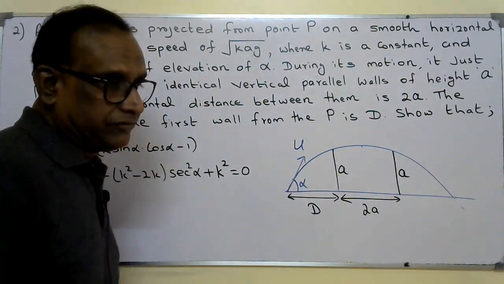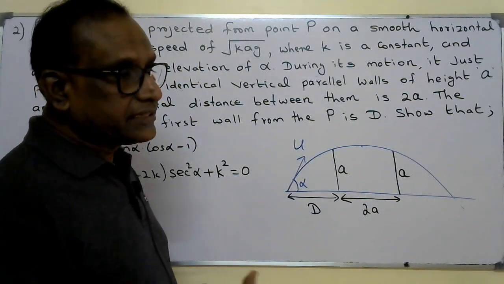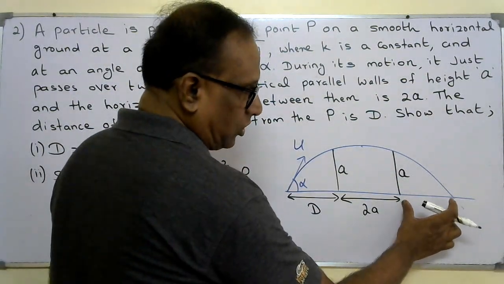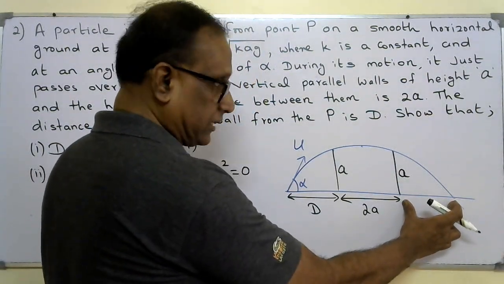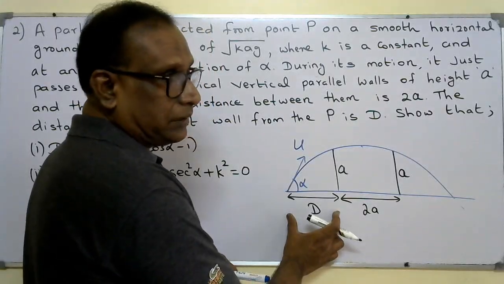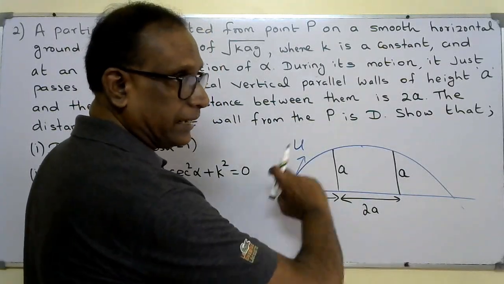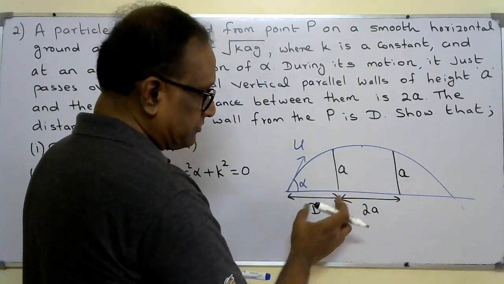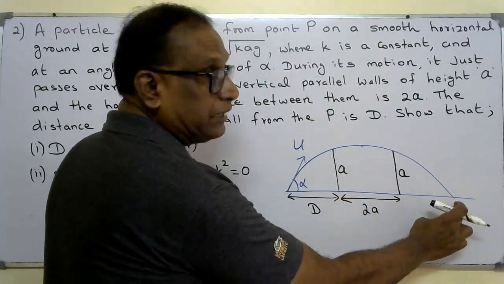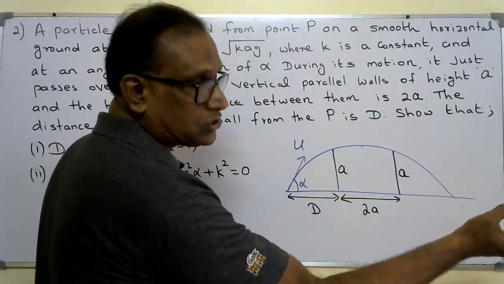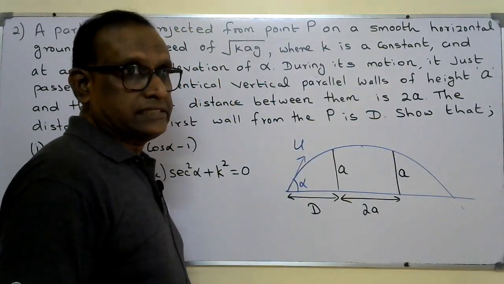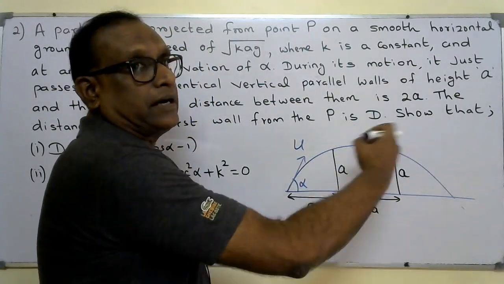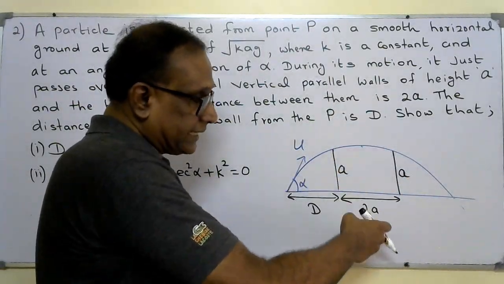Anyway, in a physics question, without doing any further calculation, we know that from the second wall to the point where it hits the ground must also be equal to D, because it's a symmetrical shape. So A and A are on either side of the highest point. The first wall is at D, which means the end point from the second wall also must be D. Without doing calculation in physics, we can explain this by using the symmetrical path of the trajectory about the highest point.